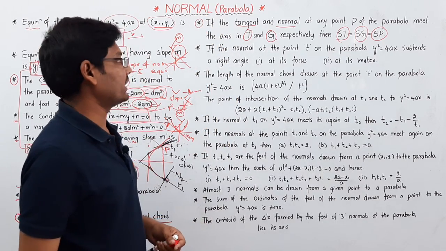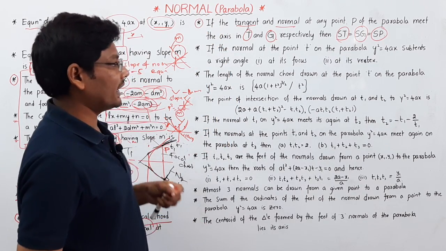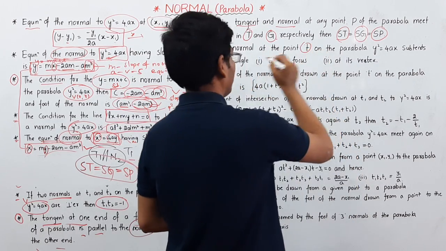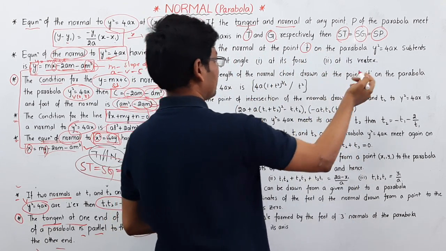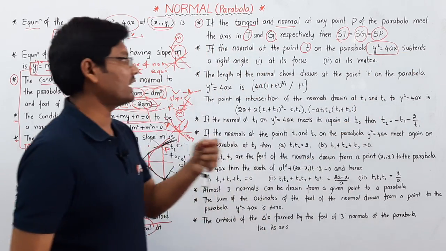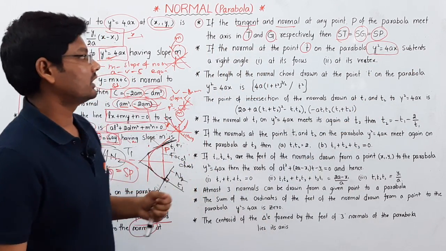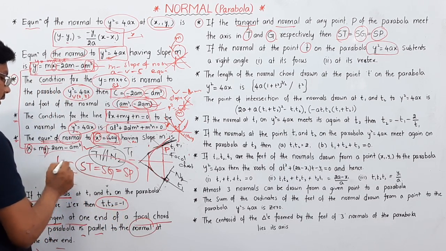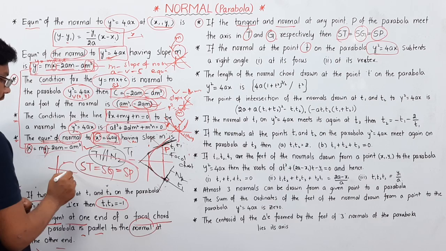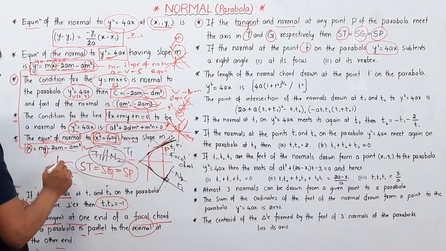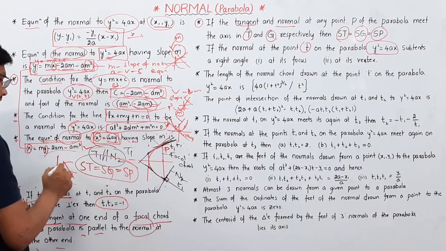And the next point is, if the normal at any point T on a parabola, y square is equal to 4ax in standard form, subtends a right angle. If a normal, you draw a diagram, this is a point T here, this is the focus, and this is the vertex. Here it subtends a right angle, this is a right angle, this is also a right angle.